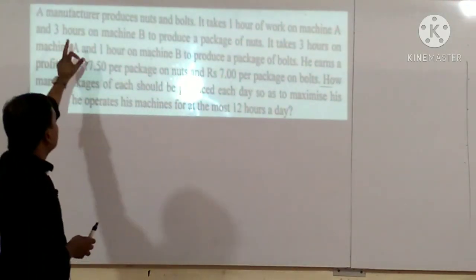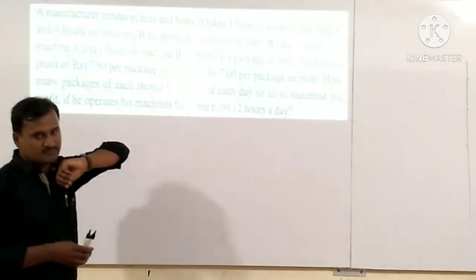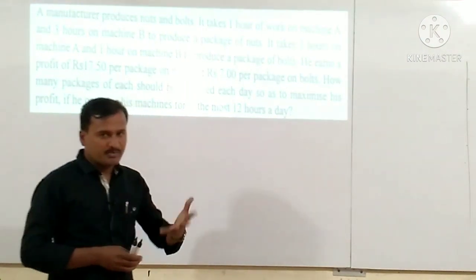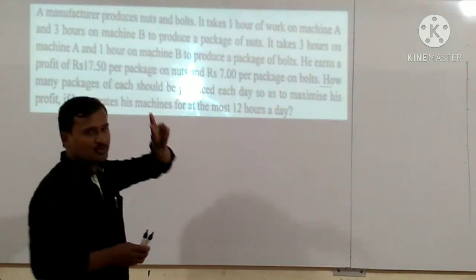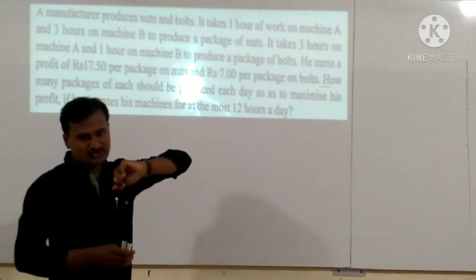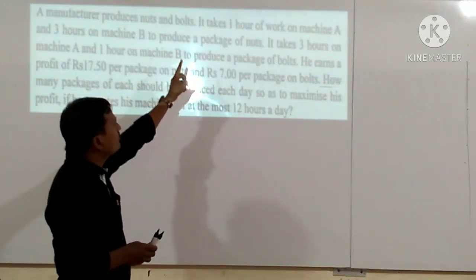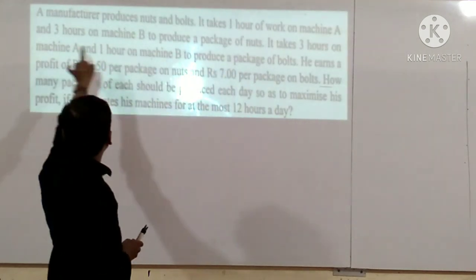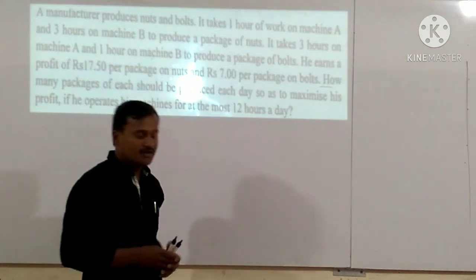Here a manufacturer produces nuts and bolts. There is a manufacturing company that produces two products. Those products are nuts and bolts. It takes 1 hour on machine A and 3 hours on machine B to produce a package of nuts.